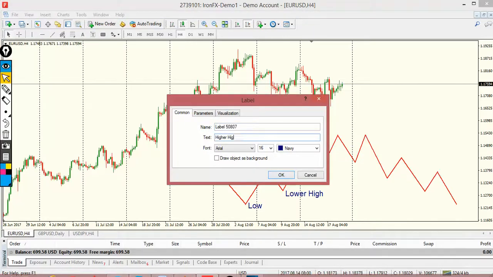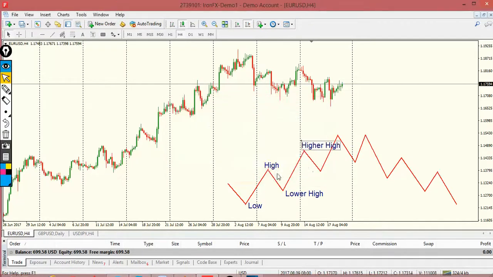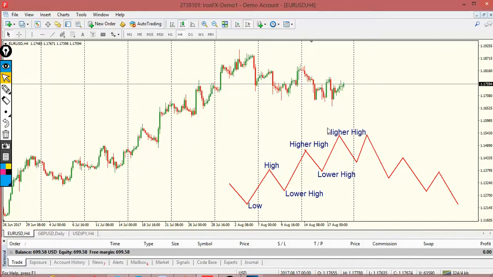Higher high. Then you have another lower high. Then you have another higher high. Okay, so this is basically an uptrend. You see, we started from here, market made a low, then eventually moved away.